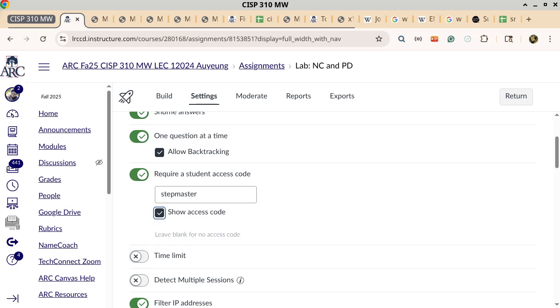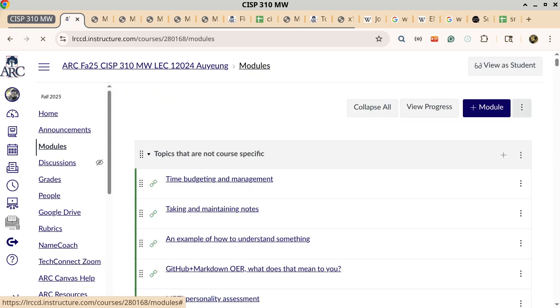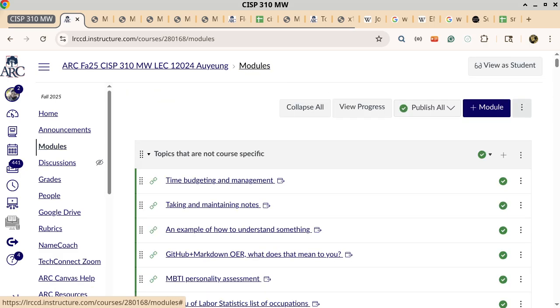Step master, which I am sure is a trademark of some kind. Hmm? Is it Nintendo? I thought this is an exercise equipment. Or Disney. Well, I did cancel my Disney Plus subscription.